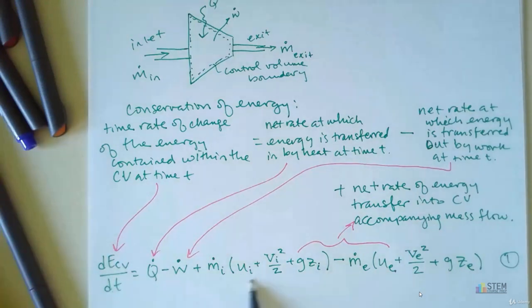Now if you look at these in the parentheses, that should look familiar from what we talked about before. We've got internal energy. This, if you look, is kind of from kinetic energy. Then this, if z is elevation or height, would be like our potential term. Okay, so now we have that longer equation. This will be the equation we're going to be using now that we have mass flowing.